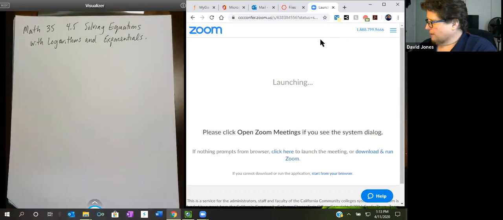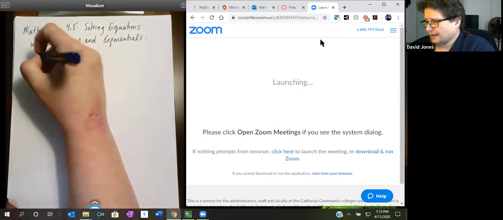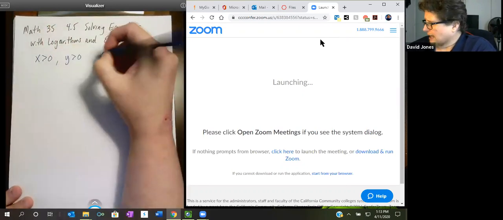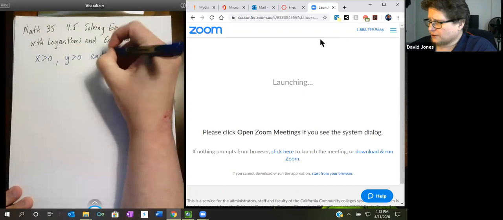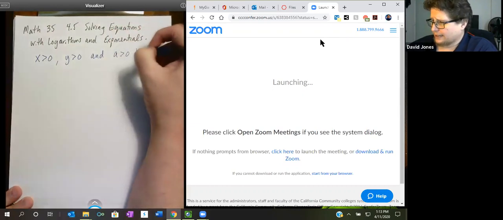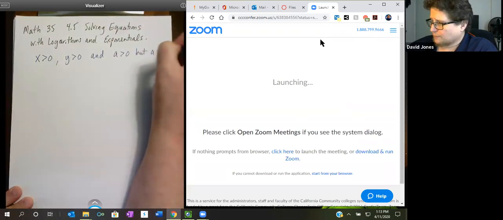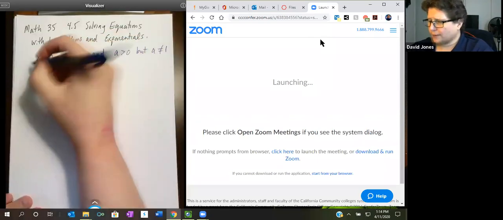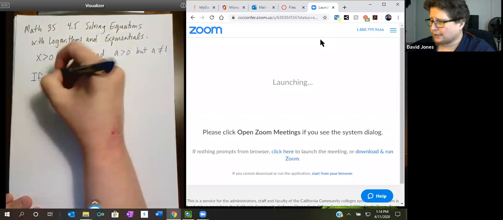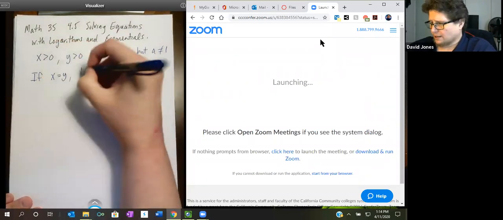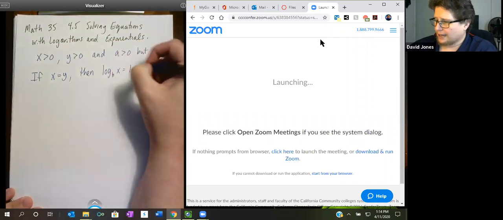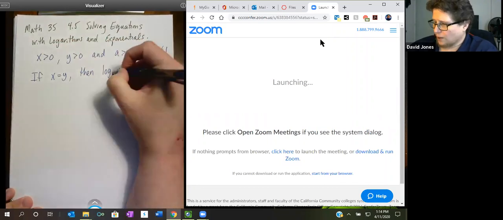A couple things we're going to use in both of these. We usually have x is greater than 0, y is greater than 0, and a is greater than 0, but a does not equal 1. That's boring. And recall that we had if x equals y, then log base b of x equals log base b of y.